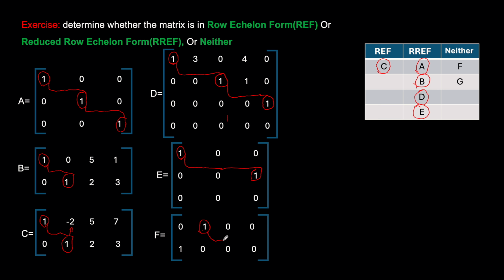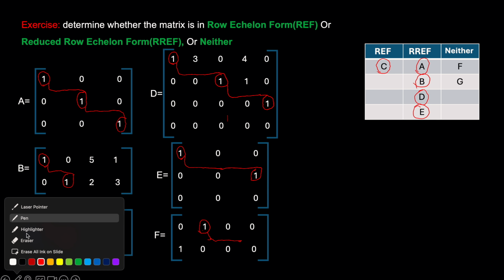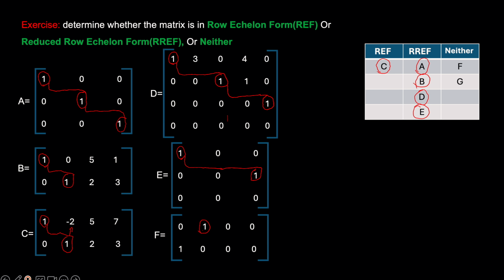Then we are looking for the next leading one, but the problem is that the condition always requires the leading one in the higher row to be farther to the left than the leading one in the lower row.